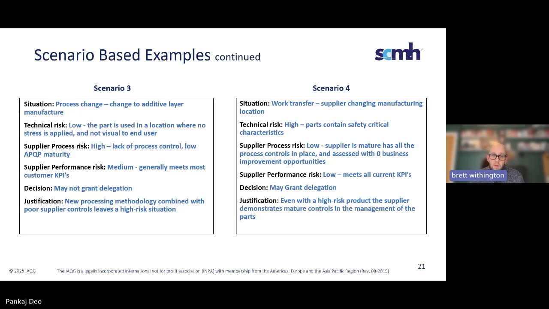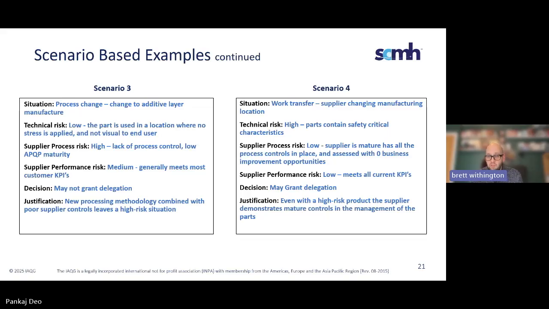However, the process risk and the performance risk could be mitigated with some supply development activities from the customer, working with the supplier to help build capability around process controls, and giving them some training on IAQG because they could be new to the environment and IAQG is new to them.